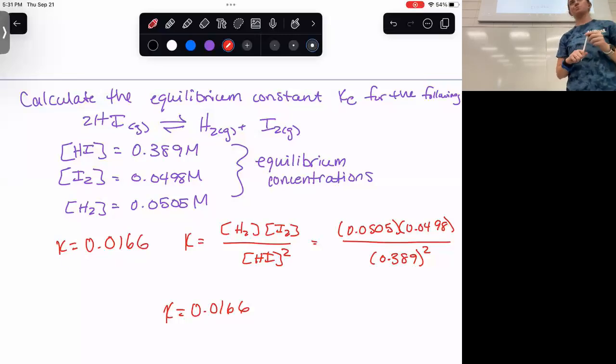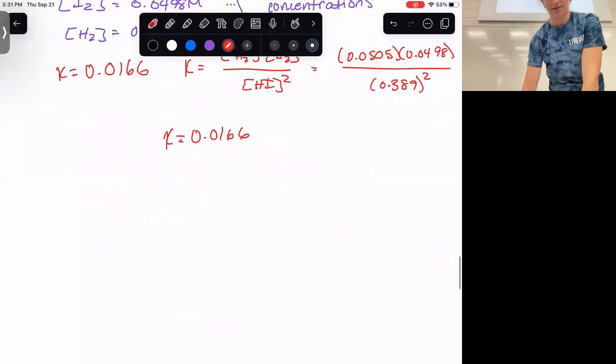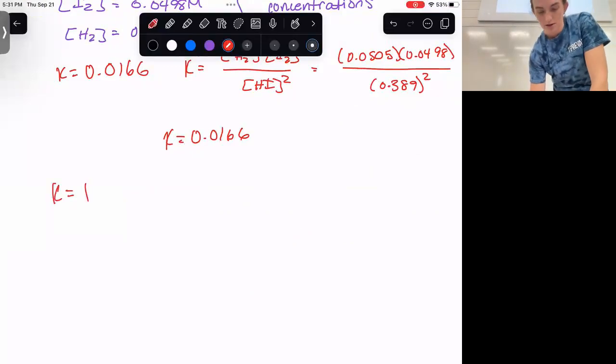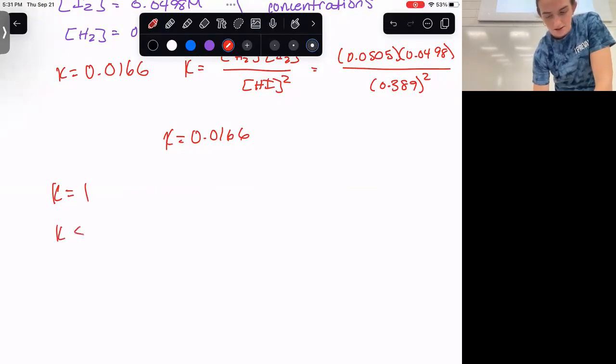Nope. So the value of K will tell us if it's product or reactant favored. K has a couple of options. K can equal 1. K can be less than 1. K can be greater than 1. K can be equal to infinity. And K can be equal to zero.